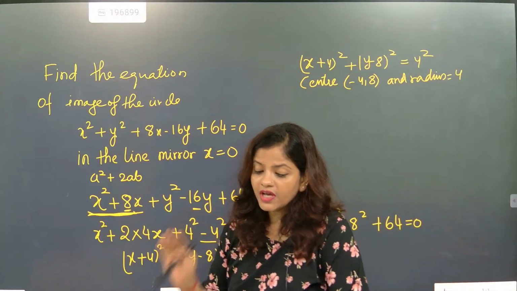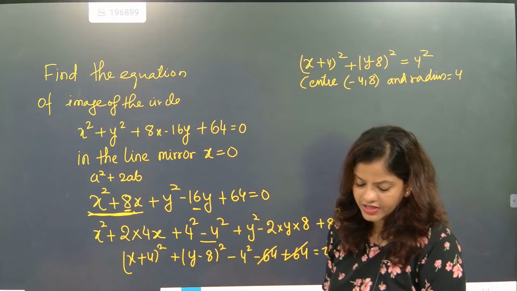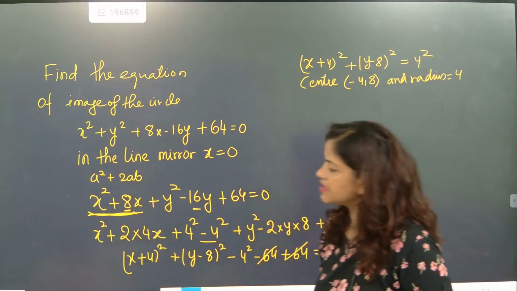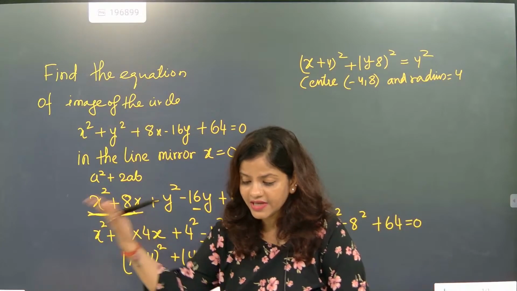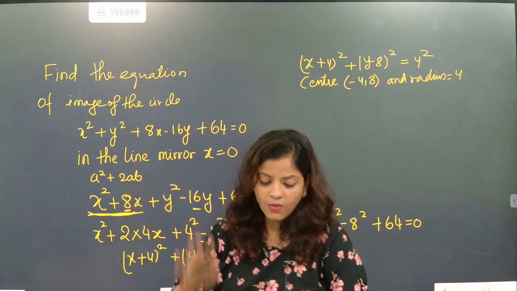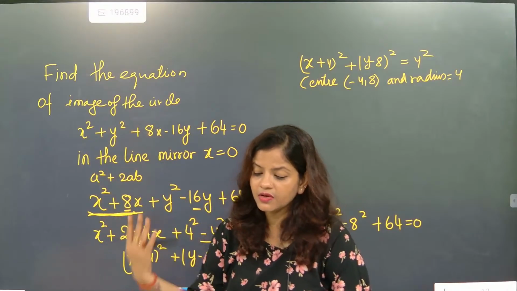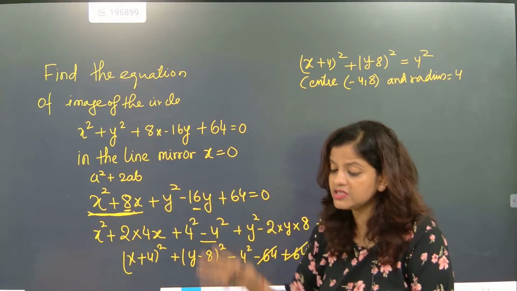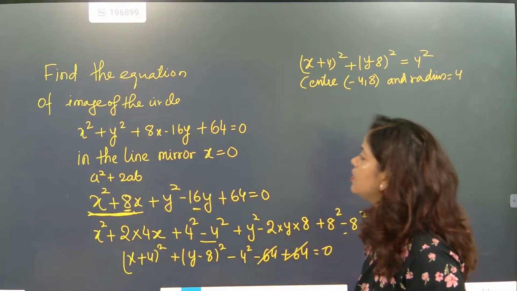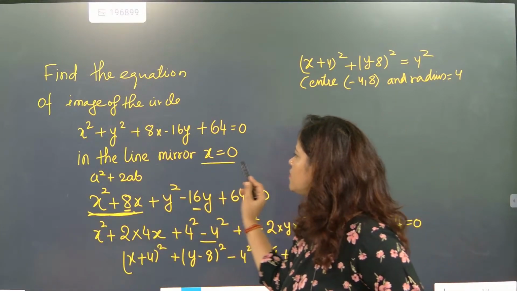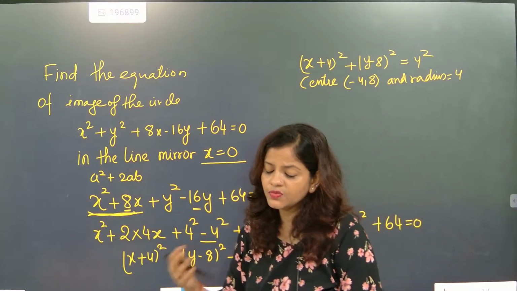Now we are going to understand what statement they are telling. The statement is telling where we are going to keep the x axis as the image, the y axis as the image, or which axis we are going to take as the mirror. That is also very important to know. So in the line x is equal to 0, where will x be 0?